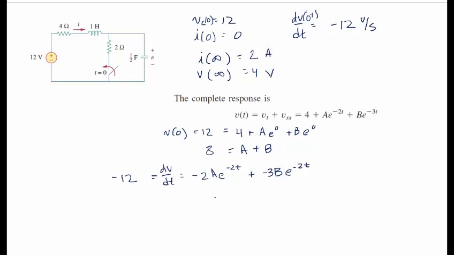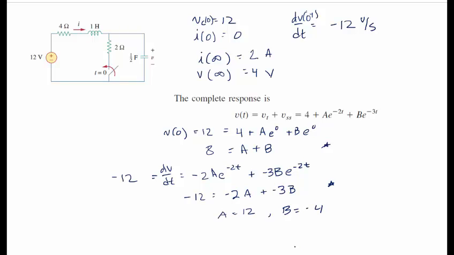At t equals 0, we get minus 12 equals minus 2A plus minus 3B. So now I have two equations and two unknowns. I solve for A and B, and I get that A equals 12 and B equals minus 4.